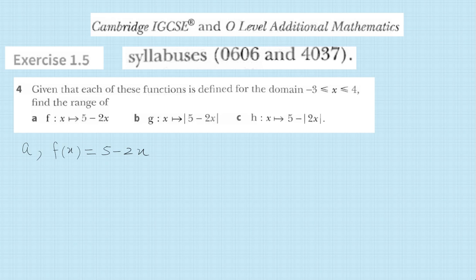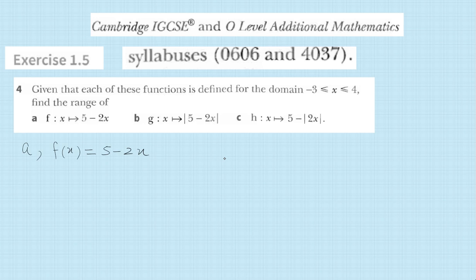Keep in mind, whenever you see a function in a form like this, how to read it: f maps x to 5 minus 2x, but you can directly write f(x) equals 5 minus 2x, so no difference.